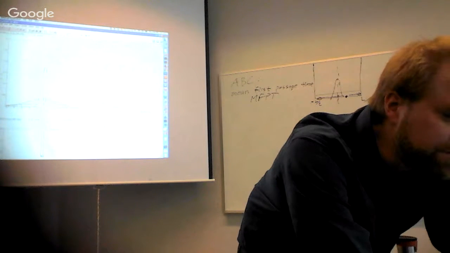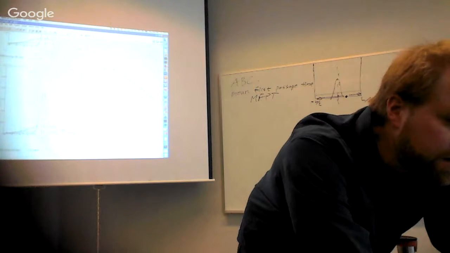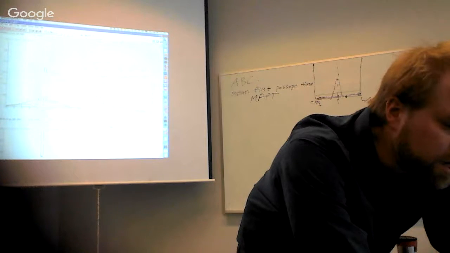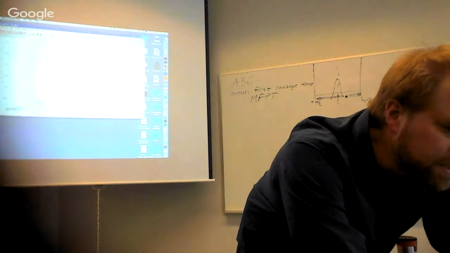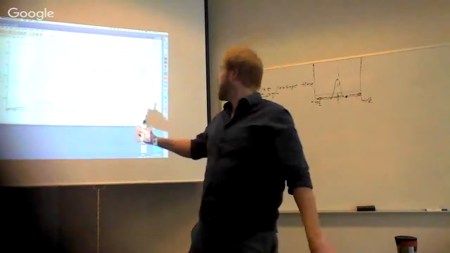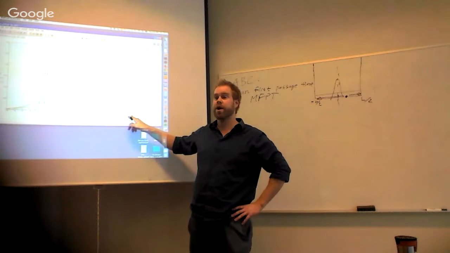Okay, so here's what the distributions look like. Here, I'm going to plot the number that goes to the right-hand wall as a function of the external force, in red.